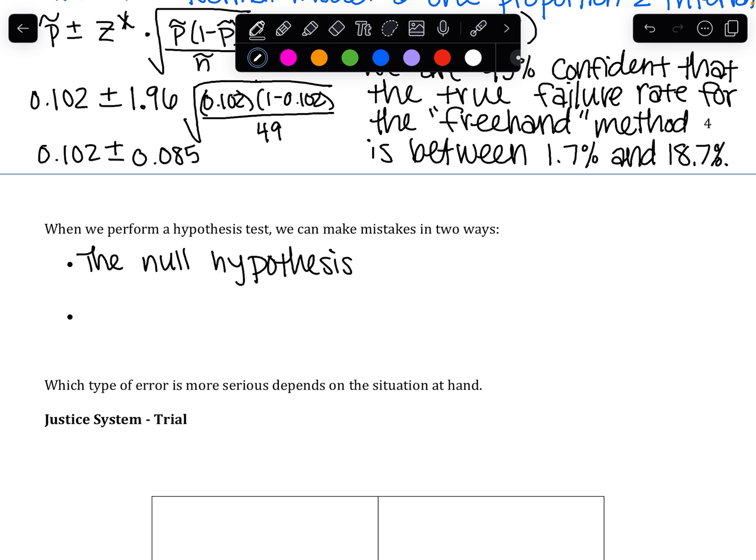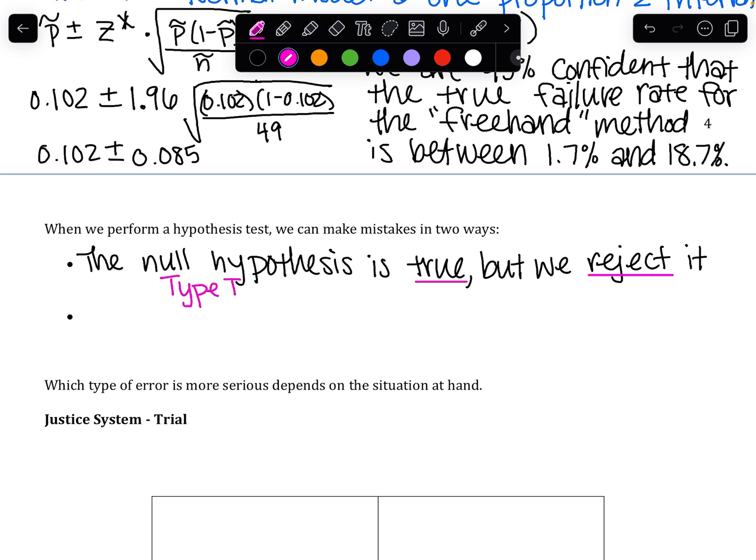Remember, we're not going to know whether it's true or not. But through our method, we rejected it, right? It was true, but we found a really weird sample, and we're like, this is kind of weird, so let's reject the null hypothesis. So when the null hypothesis is true, but we reject, this is called a type 1 error.